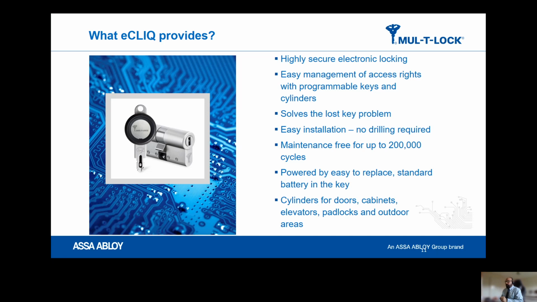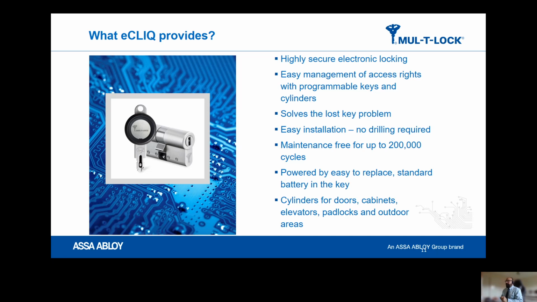You can have time-based operations wherein the key will only operate 9 to 5, Monday to Friday, and depending on shift patterns, you can issue a key to a user for a month or a 2-month period, depending on if it's a contractor you want to access the site. So all these additional features you wouldn't be having on a mechanical system. This is what eCLIQ provides.